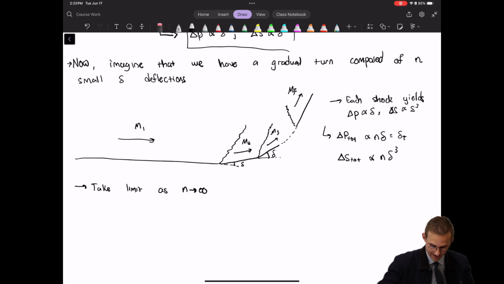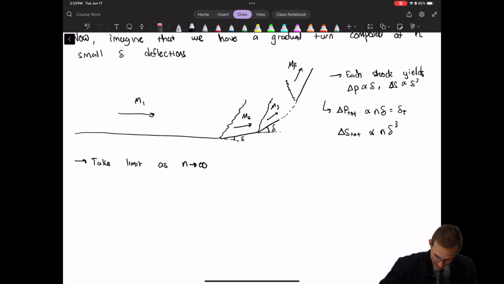So when we take that limit, we end up with the limit as n goes to infinity of delta p total is equal to the limit as n goes to infinity of n times the quantity delta t over n, which just equals delta t. So therefore, I should say proportionality sign here.